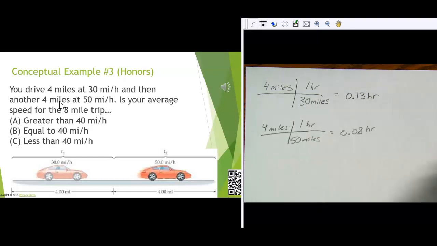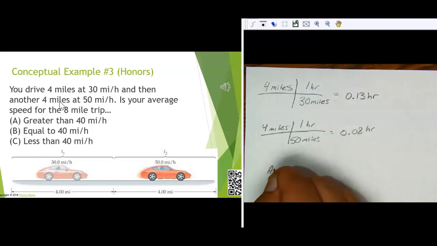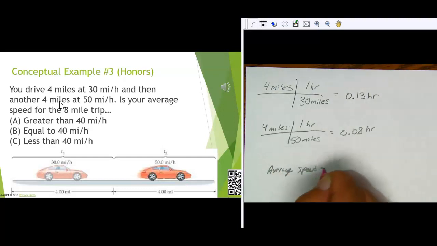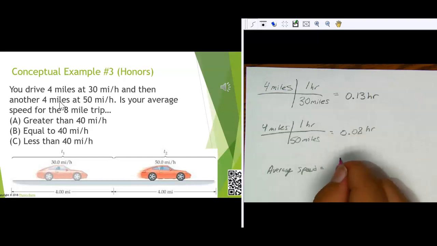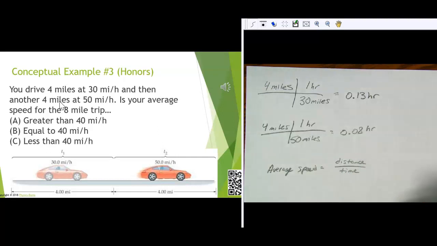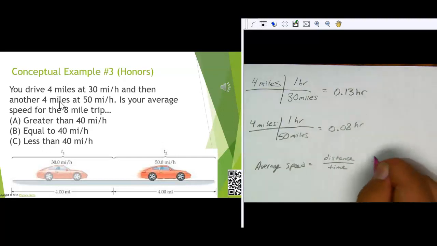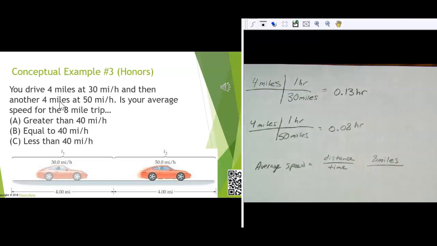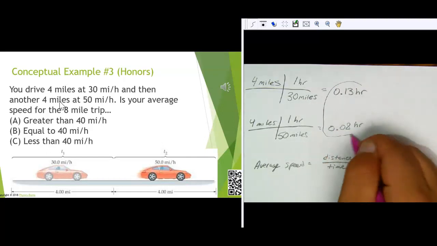Okay, now to find the average speed, it is the distance over time. My total distance was 8 miles over my total time, and in this example, I would have to add up both of my times.